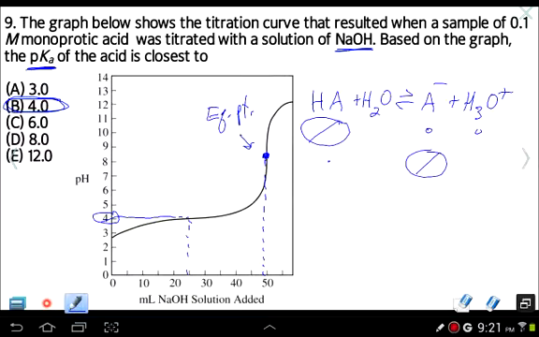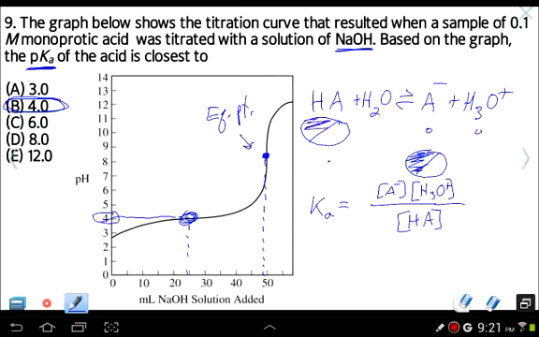Now, half and half means if you set up the Ka, remember, it is products over reactants. In this case, again, A minus times H3O plus over HA. Now, at halfway to the equivalence point, which is this point right here, your A minus concentration and your HA concentration are the same. So effectively, they cross out of the equation, and you end up with Ka equals H3O plus.